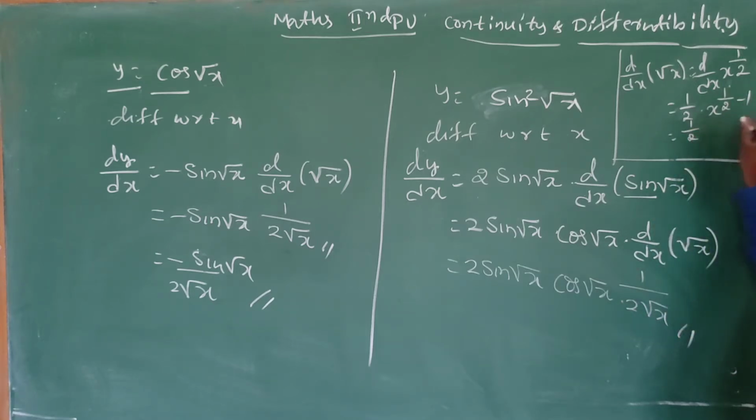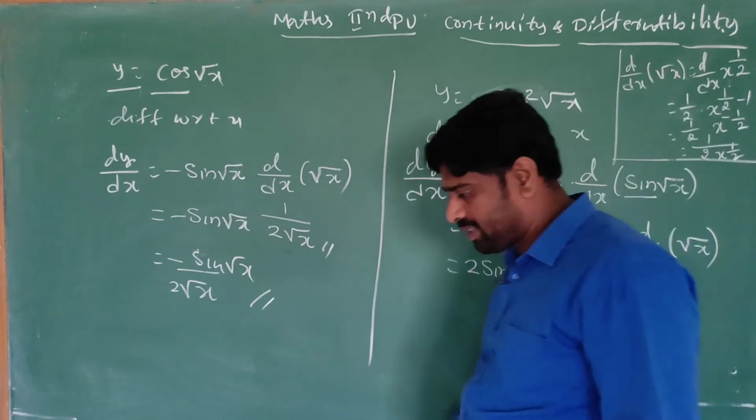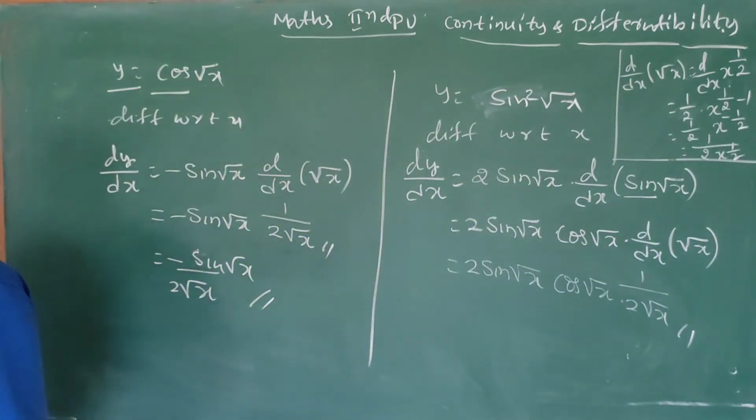This 1 by 2 as it is, x to the power of 1 by 2 minus 1 is minus 1 by 2. So this x to the power of minus 1 by 2 goes to the denominator, that is 1 divided by x to the power of 1 by 2. X to the power of 1 by 2 can be written as what? Root x, that is 1 divided by 2 root x. Okay, so these are the general terms of differentiation.